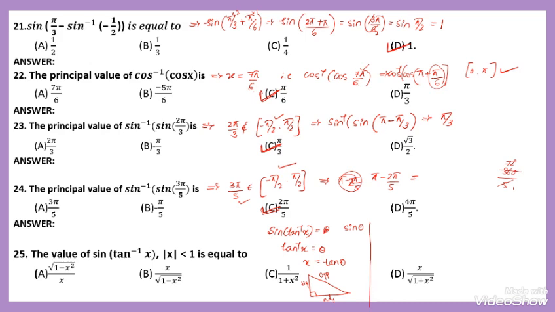According to the tan function, tan theta is equal to opposite divided by adjacent. Here tan theta is equal to x.